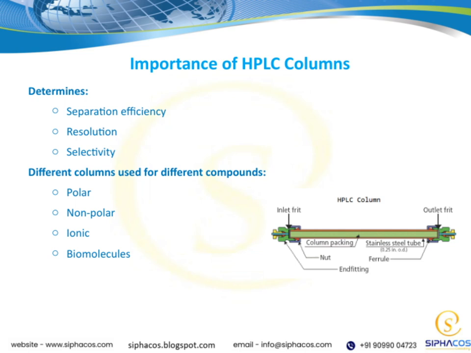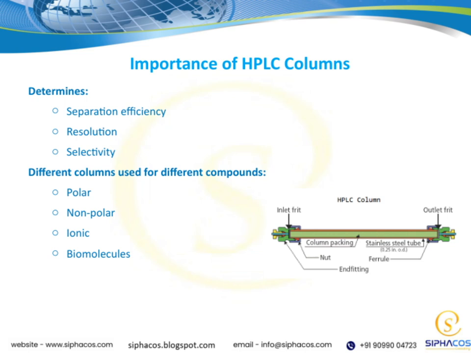Because different compounds have different chemical characteristics, we use various types of columns tailored for each one. For example, there are columns designed specifically for polar compounds, and others optimized for nonpolar substances. We also have columns suited for ionic compounds, which are charged, and for biomolecules like proteins and nucleic acids.